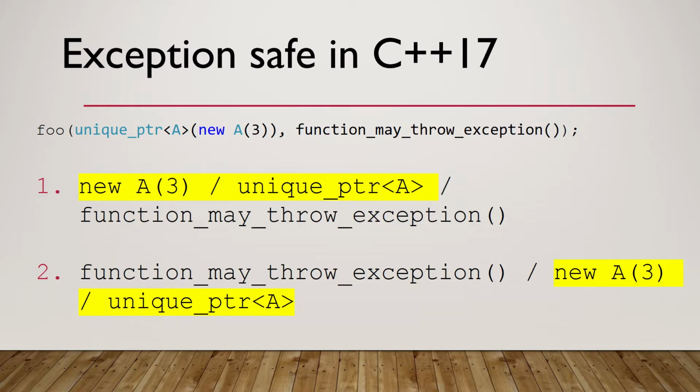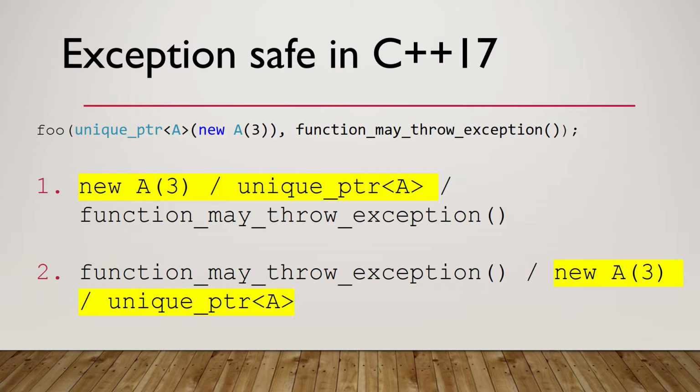The first one is new A of 3, unique pointer of A, function that may throw an exception. The second case: function that may throw an exception, new A of 3, unique pointer of A. It is described as: the initialization of a parameter, including every associated value computation and side effect, is indeterminately sequenced with respect to that of any other parameter.